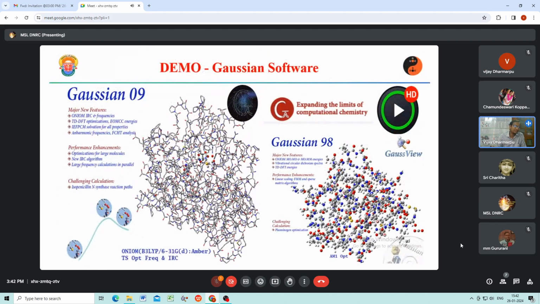Okay, we just go with a small demo on Gaussian. We have the Gaussian package. I have a licensed version.